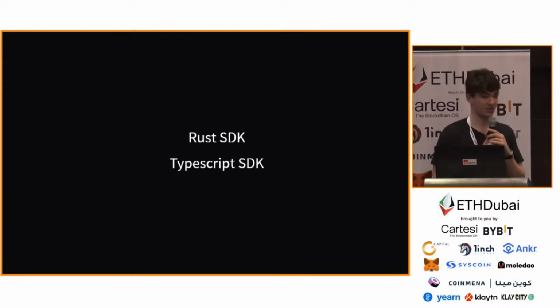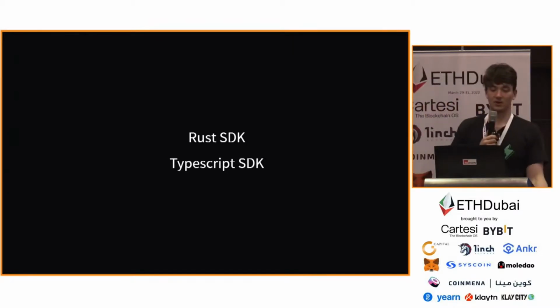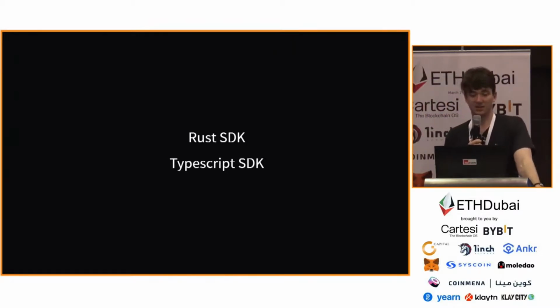We also have 2 SDKs available for dealing with our contract code. So the Rust SDK allows you to test, deploy to a node, do all sorts of things. Both of these SDKs allow you to do that, and you can do them either from Rust or from TypeScript.